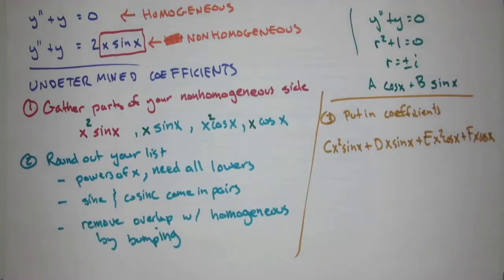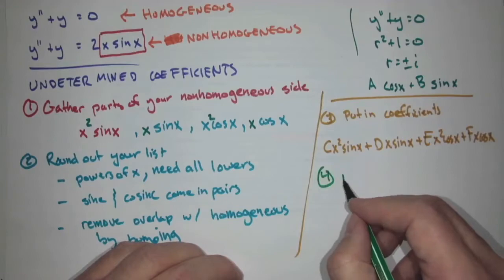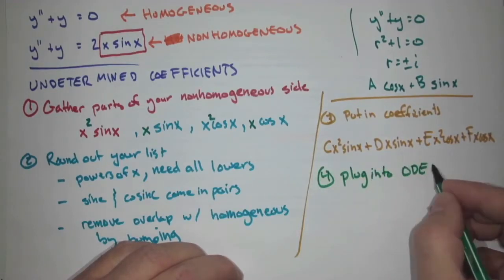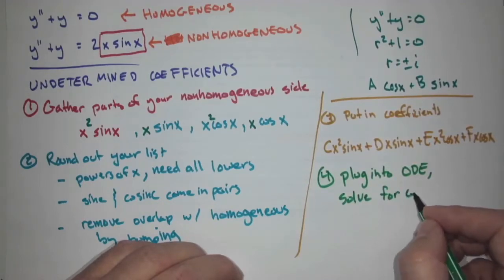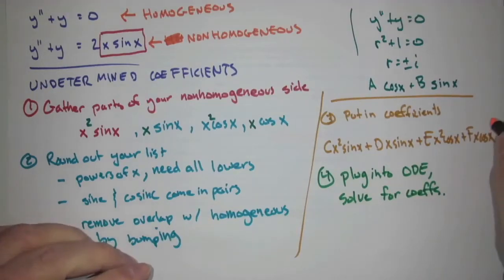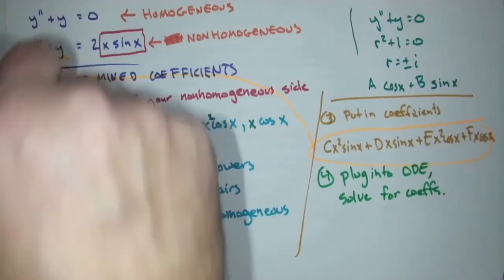And what's the last thing to do? Plug and then find. Yeah, plug into the ODE, solve for the coefficients. And when we talk about plugging it into the differential equation, we really mean you're plugging this whole expression into there.